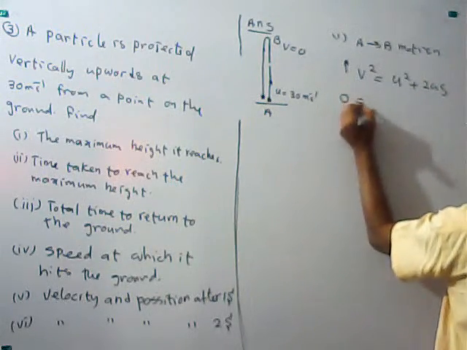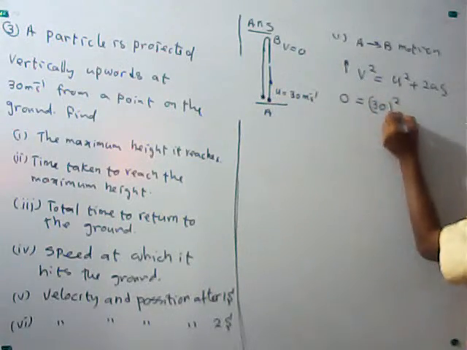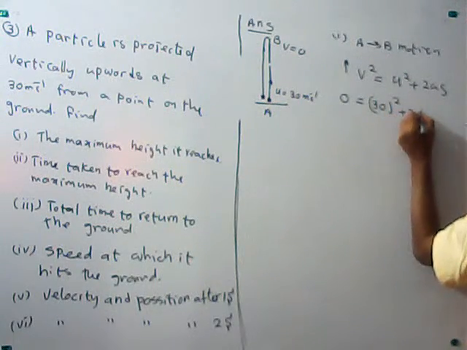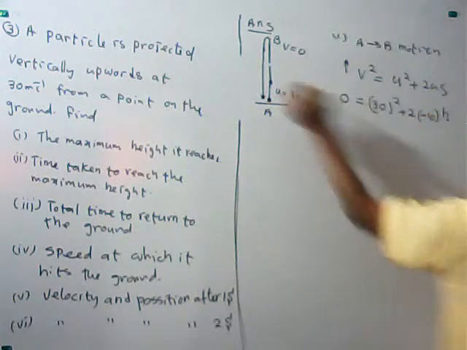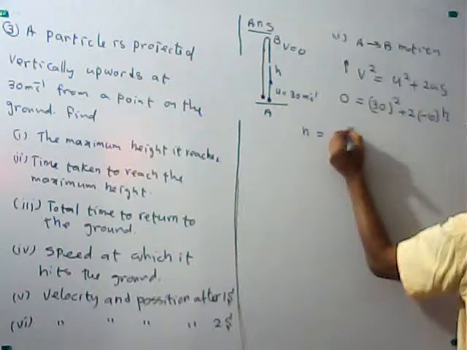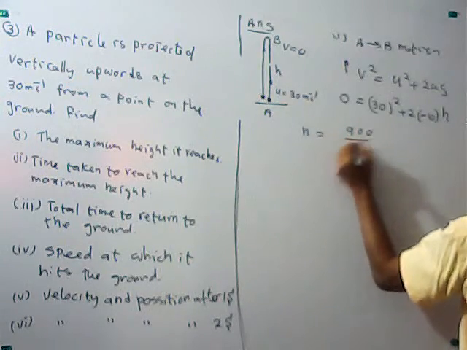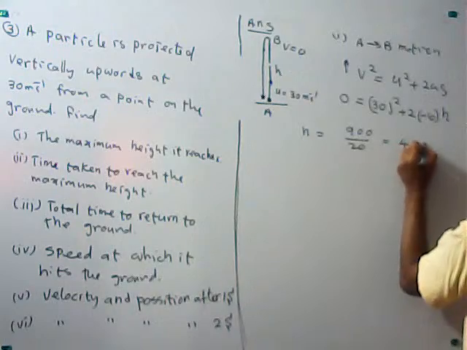U is 30, squared, plus 2 times acceleration, which is minus 10, into the height. Say the height is h. So h is equal to 900 over 20, so it's 45 meters.